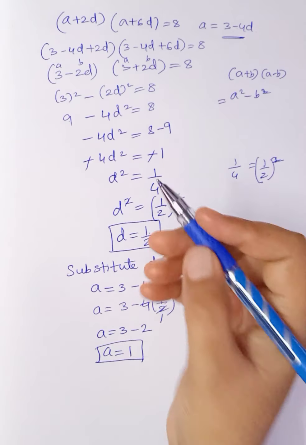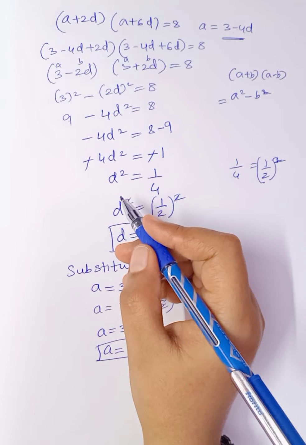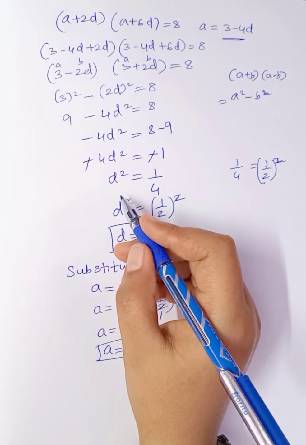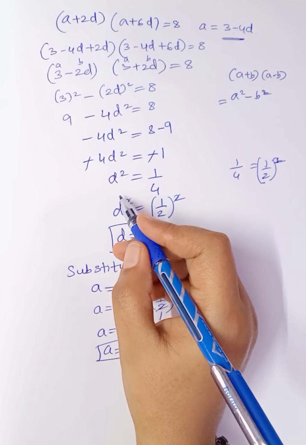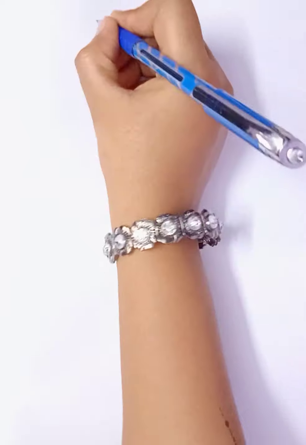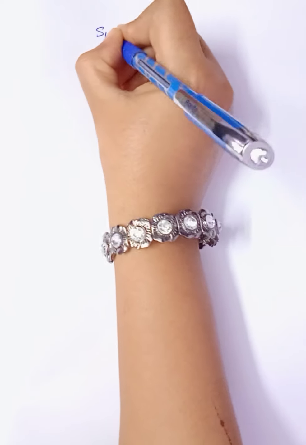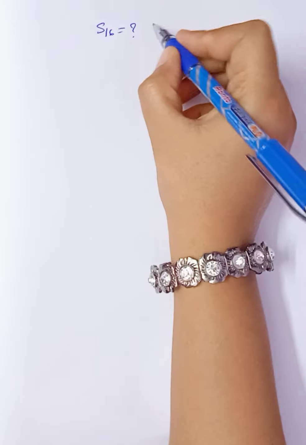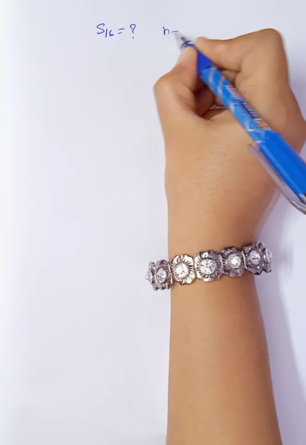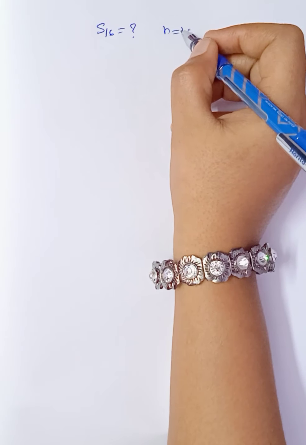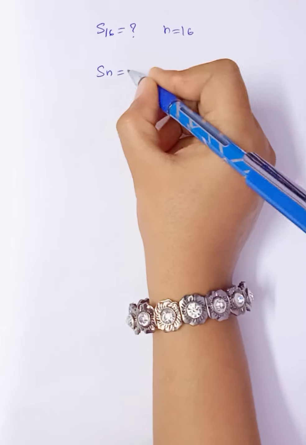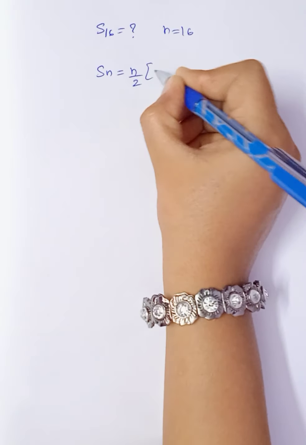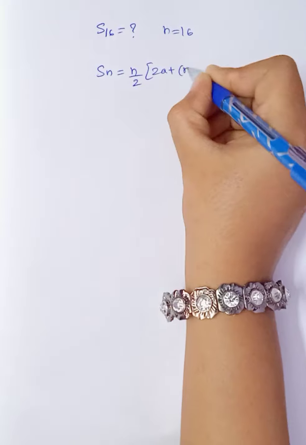Now according to the question, we need to find the sum to 16 terms of the AP. Sum to 16 terms in the sense we need to find S16, and n here is 16. To find S16, I am going to write the Sn formula, which is Sn equals n by 2 times 2a plus n minus 1 into d.